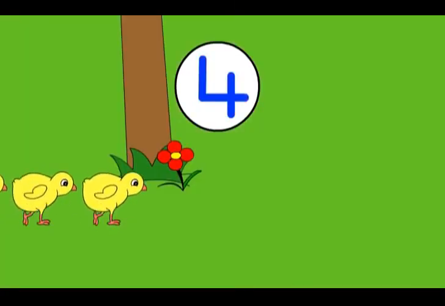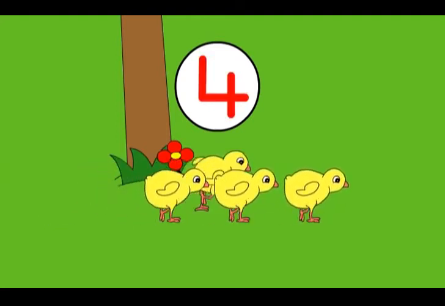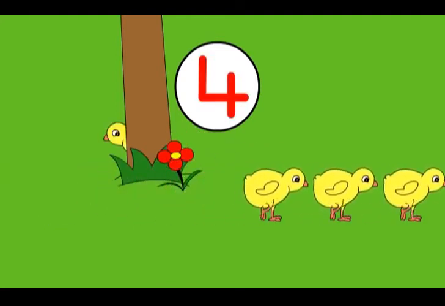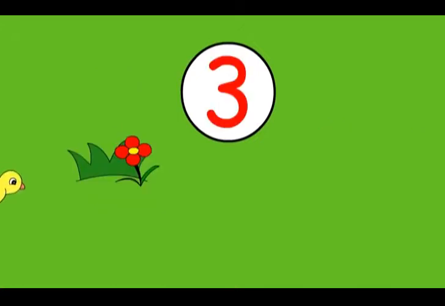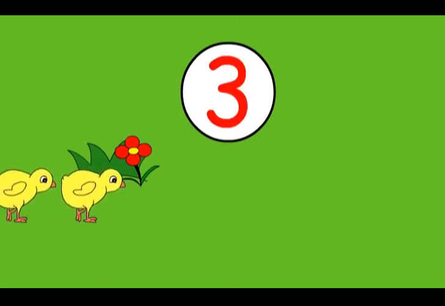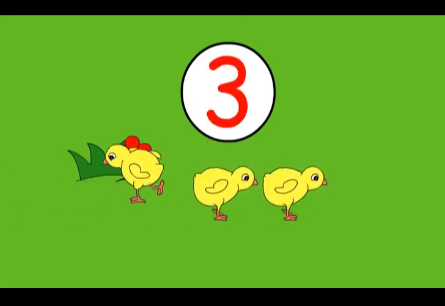4 little chicks walking in a line. One hides behind a tree. Now there are only 3. 3 little chicks walking in a line. One comes to you.